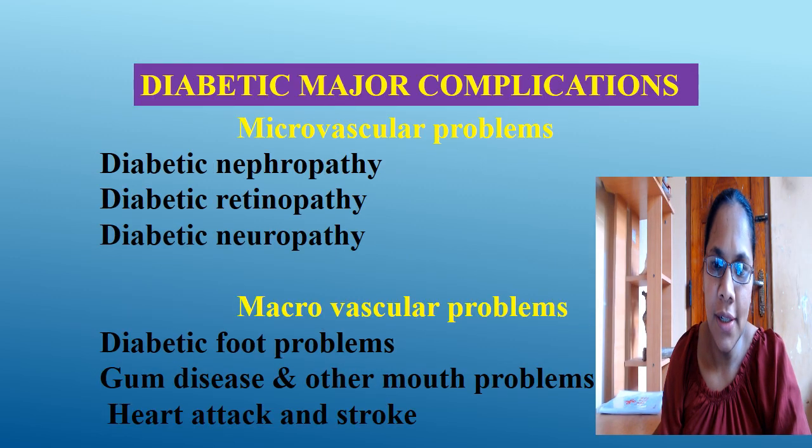After that, I will talk about diabetic major complications. Diabetic complications are divided mainly into two types, microvascular problems and macrovascular problems. Microvascular problems include diabetic nephropathy, diabetic retinopathy, and diabetic neuropathy.